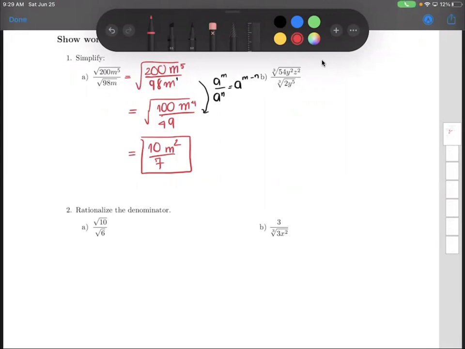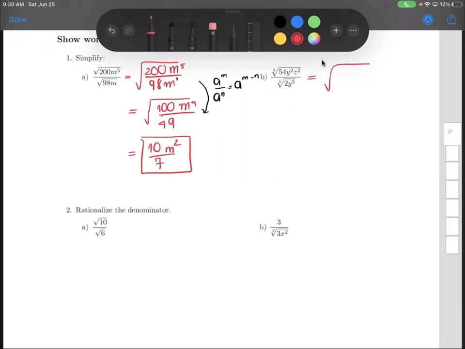Part B, again, I'm going to bring this under one cube root because I see that I can simplify 54 with the 2, and y squared with y to the fifth. And the reason you're able to bring it under one root is that they have the same index. It has to have the same index, not every time can you simplify.